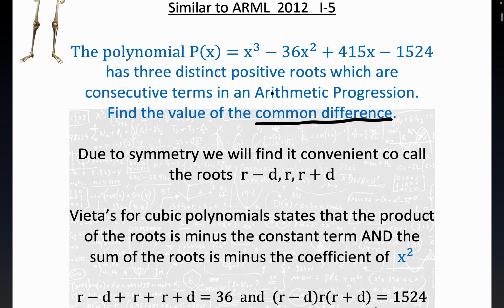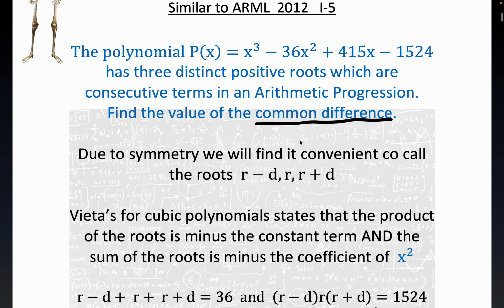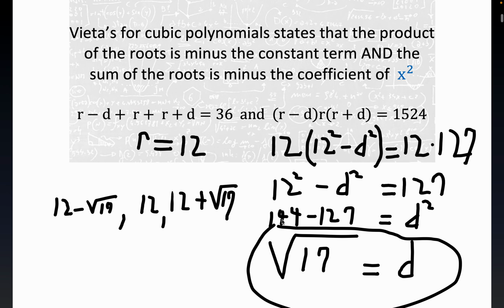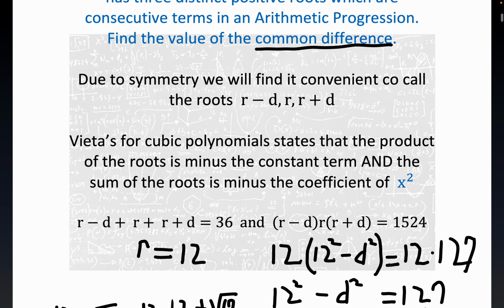Otherwise, if I didn't give you that, I think you could eventually get there, but it's a lot of work to factor 1524 and try to determine where everything goes. But maybe about the same amount of work. I say that it gives you more structure and it makes it easier to solve the problem, but maybe not, so anyway, d is equal to root 17 is the solution to the problem.